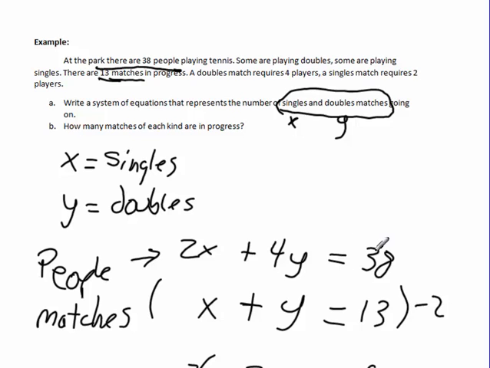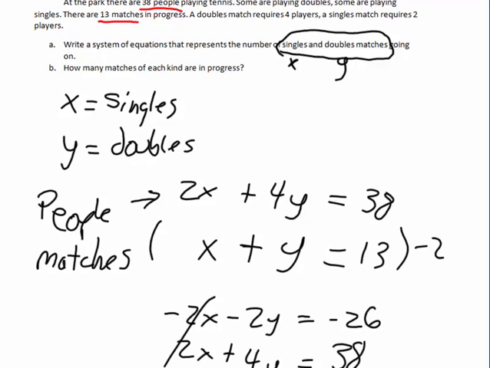That told me what the idea was whenever I saw my totals here and here. Then I knew what my equations had to be. Once I define my variables, and that was hidden in the question itself: write a system of equations that represents the number of singles and doubles matches. All right, so let's try the next problem here.